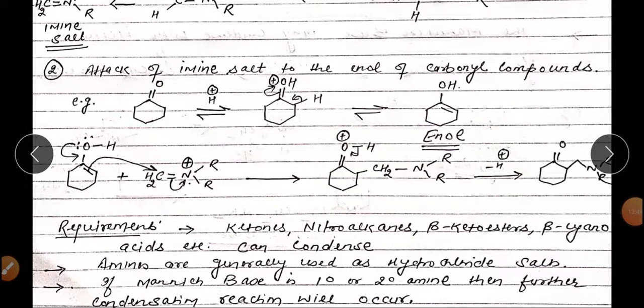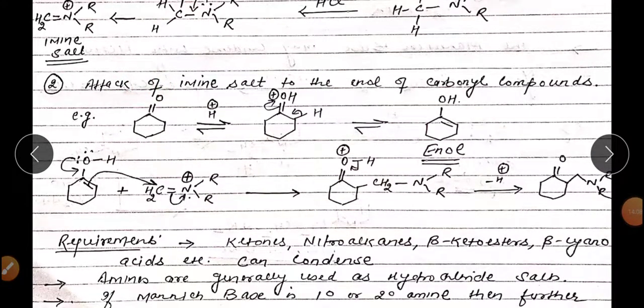Come to the second step. The second step is the reaction of the compound containing active hydrogen, and for example in this case we have taken cyclohexanone, which is a ketone. Under acidic condition, first of all it gets converted into OH positive, which finally gets converted into the enol.